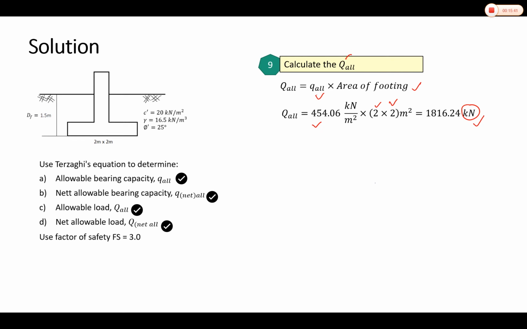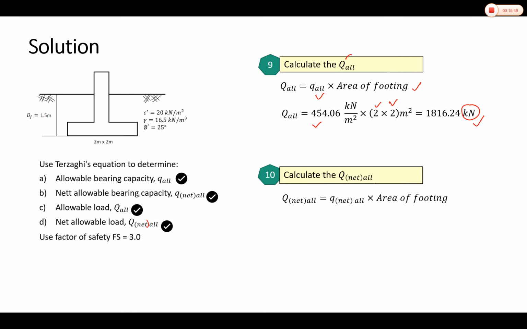And finally, we need to determine the net allowable load, Q net allowable. All right, for the Q net allowable, we will use the q net allowable bearing capacity times the area of footing. All right, so we already have calculated this value in question B. So we just times with the area 2 times 2.